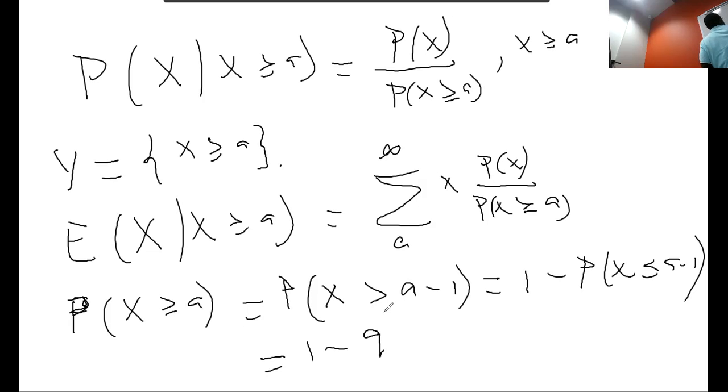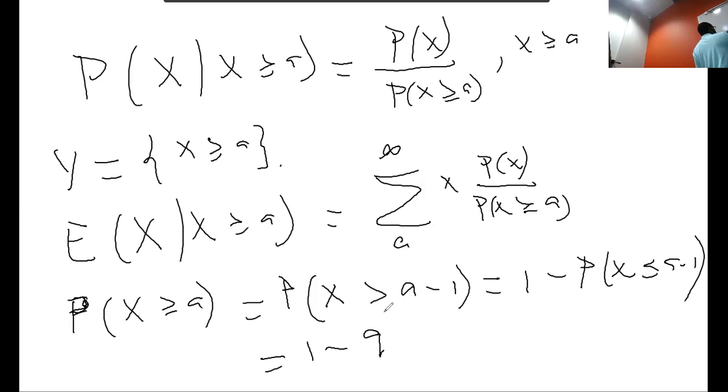What is P of X greater than or equal to a? We say this is the same as P of X greater than a minus 1, which is 1 minus P of X less than or equal to a minus 1.